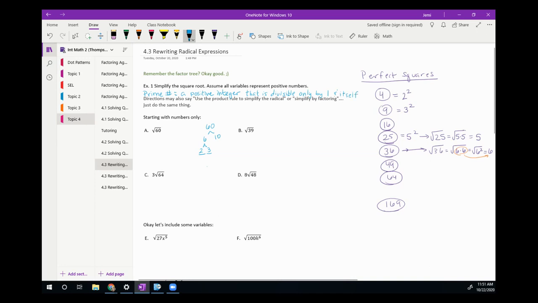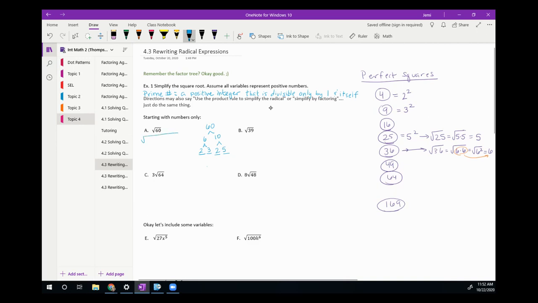So the smallest prime number is actually 2 because it's divisible by 1 and 2. The opposite of prime is composite. 10 is not prime, it is composite. What two numbers multiply to 10? 2 and 5. 2 is prime, 5 is also prime.